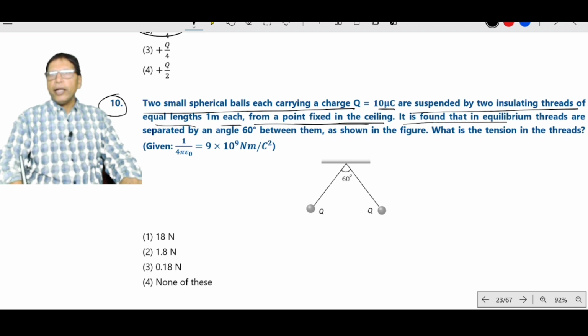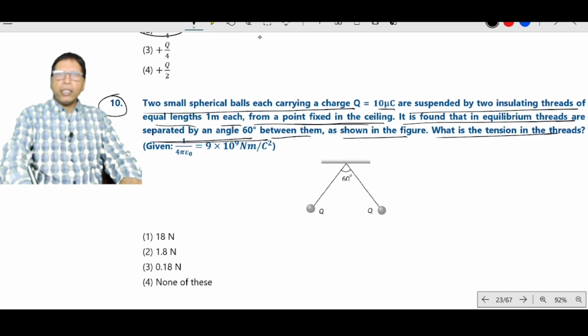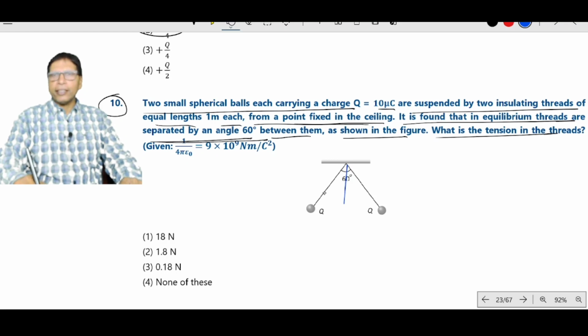It is found that in equilibrium the threads are separated by an angle 60 degrees between them, as shown in the figure. What is the tension in the thread? If the angle between the two strings is 60 degree, so the angle of each string with the vertical is 30 degree.